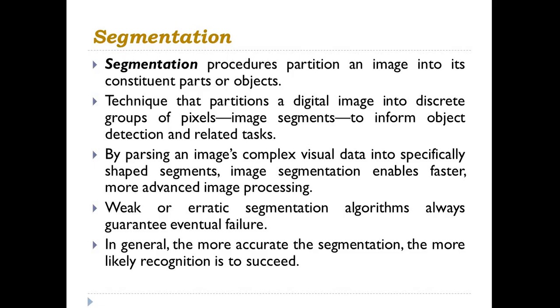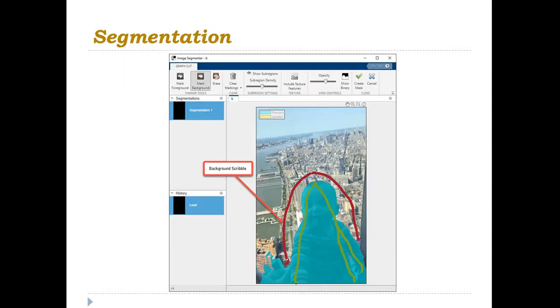So, here the quality of the processed output depends on the segmentation, whether it is weak or erratic. In general, the more accurate the segmentation, the more likely recognition is to succeed. Example.